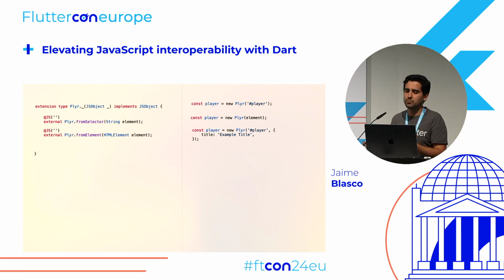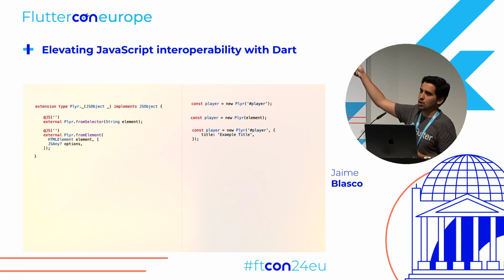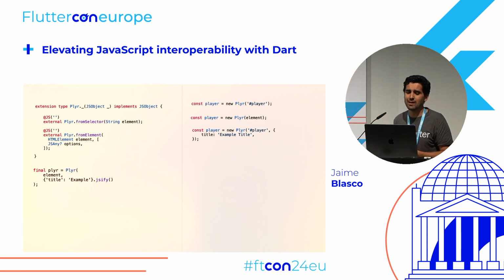So we could do a trick here: as it's something optional, we could pass it as an optional parameter in the constructor. And when we initialize it, we could use a map with the properties, and then call this very useful extension called jsify, which converts Dart code into JavaScript code.